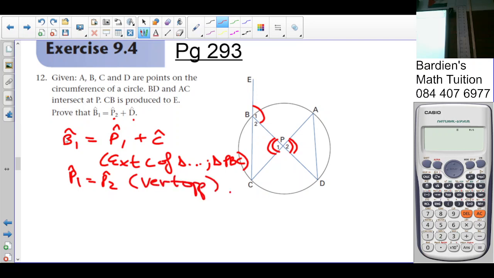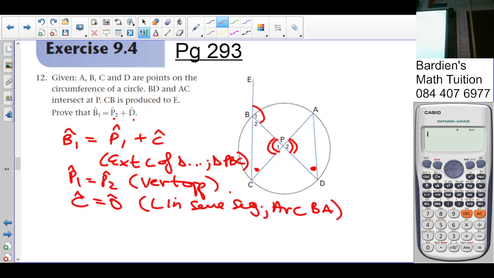Then we know that angle C equals angle D. Why? Angles in the same segment, and it's coming from arc BA.